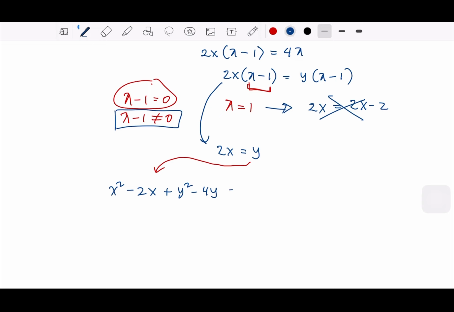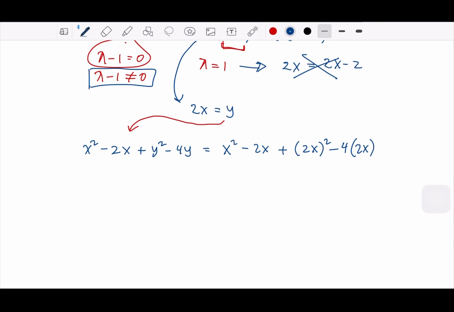Okay, so we can write it like that, and this is equal to 0, right? So we can say that this is 5x squared minus 10x equals 0.